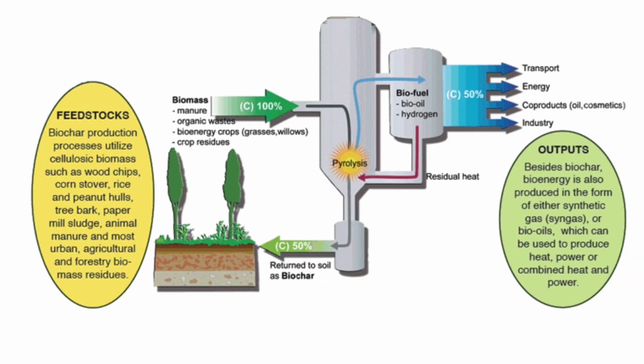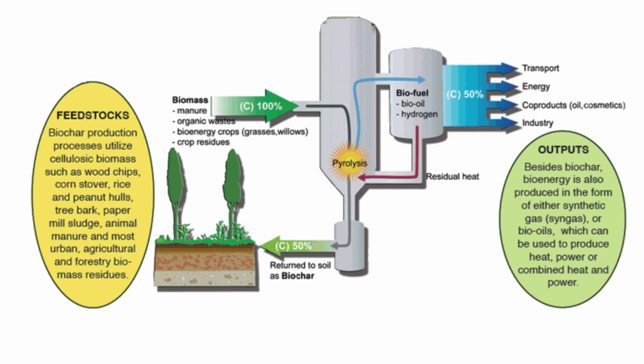This diagram illustrates the overall biochar production process. On the left side, we can see various feedstocks such as manure, organic wastes, crop residues, energy crops, and biomass materials. These feedstocks enter a pyrolysis unit where thermal decomposition occurs without oxygen. The diagram shows that part of the carbon is converted into biofuels such as bio-oil and hydrogen.